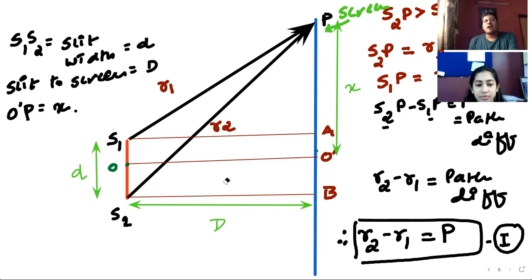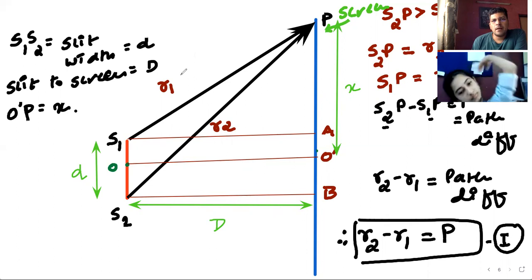ચલો ભાઈ, હવે R2 minus R1 જે છે મારે જોઈએ છે પણ I don't have R2 and R1. Okay, so I'm using that Pythagoras theorem. This Pythagoras theorem will give me some of the more data. Which data I can derive? I can see that my triangle S2PB. Okay, got it.